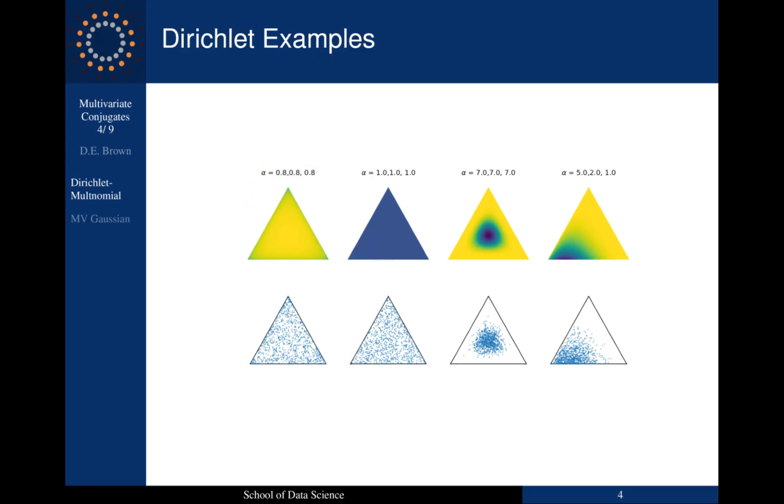It can also be a totally flat uniform distribution, which is when alpha is equal to all ones. And it can be a distribution which is unimodal, spiked in one particular place. An example here is alpha equals 7, 7, and 7. Or it can be skewed on one side, which is shown with alpha 1 equals 5, alpha 2 equals 2, and alpha 3 equals 1.